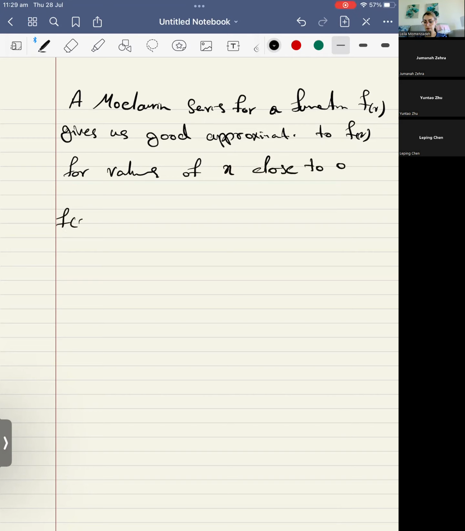It means f of x is equal to c0 plus c1x plus c2x^2 plus c3x^3 and so on.